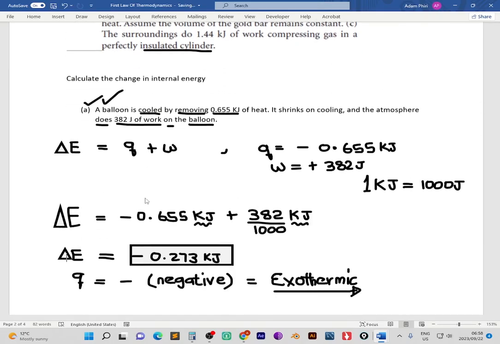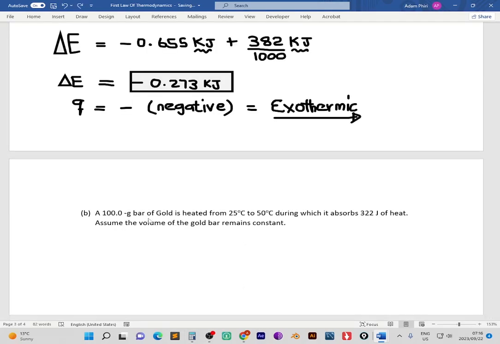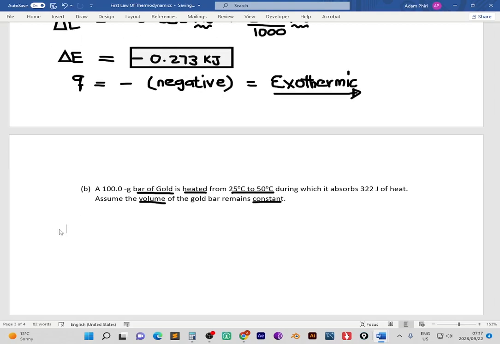So I broke up the problem on top into separate segments so that we can solve them entirely, completely, without disturbance. Now we're given that gold is heated from 25 degrees to 50 degrees, and the volume is constant. So volume constant, what does it mean? We'll have to apply that. Once again, we need to go to our equation.